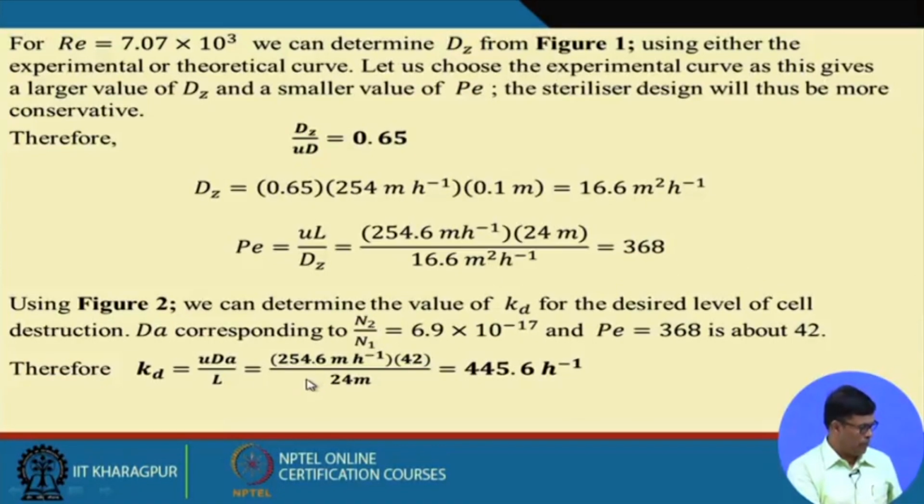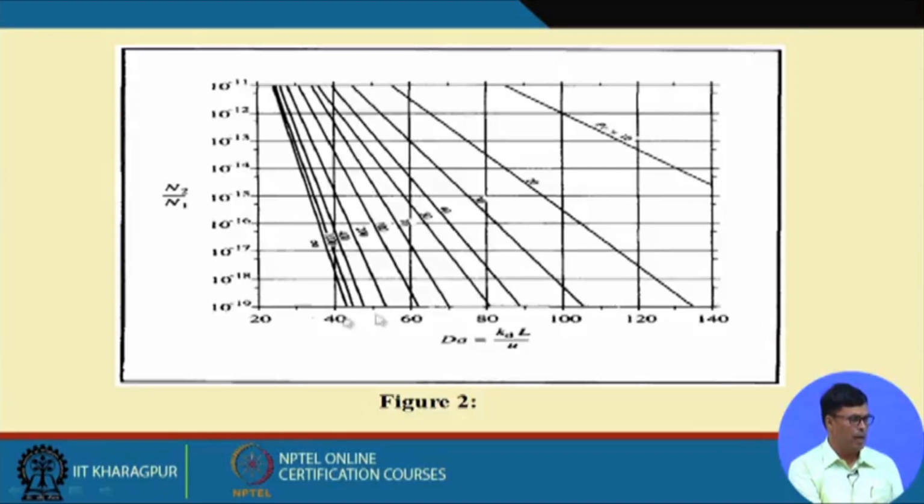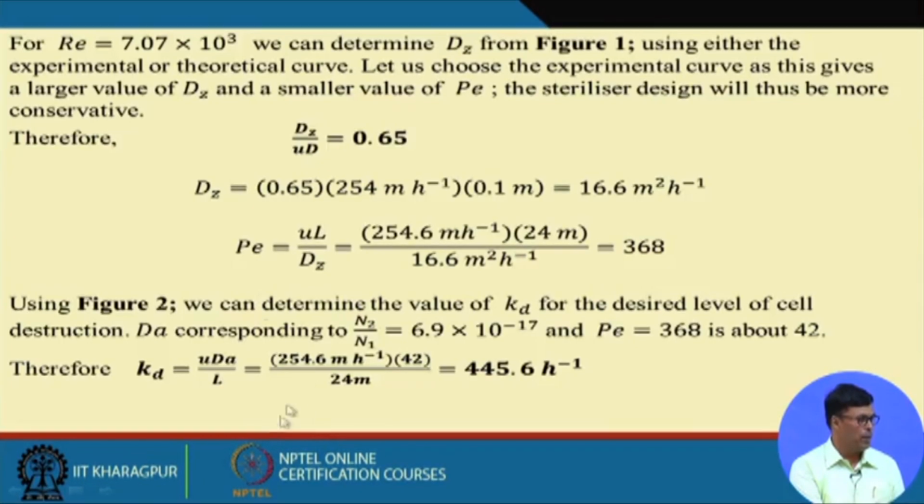Now if you look at figure 2, it is the plot between N2 by N1 against the Damkohler number, KdL by U. You have different values here, so if you know this value, you can find the corresponding value. If N2 by N1 is 6.9 x 10^-17 and the Peclet number is this, then the Kd L by U value comes about 42.